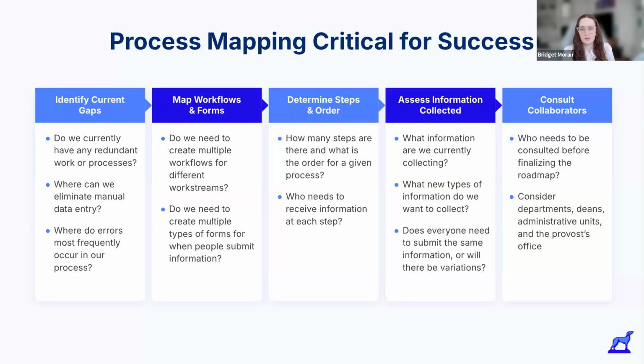So even if you think that you already have a pretty strong process in place, this is a great time to take a step back, evaluate, and see where you have some opportunities to make adjustments. So first, how can we identify some of the current gaps in our given process? This is a great time to look for perhaps redundant work where you're currently doing manual data entry, or for some of those more error-prone activities.